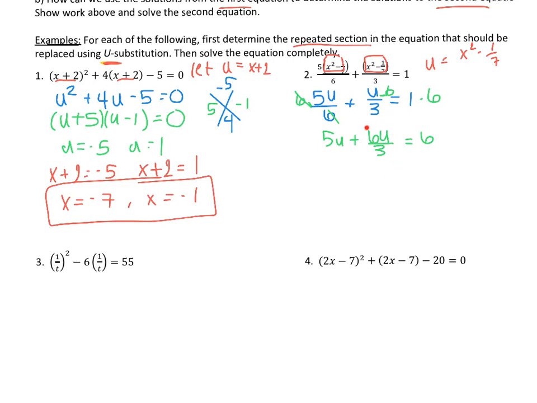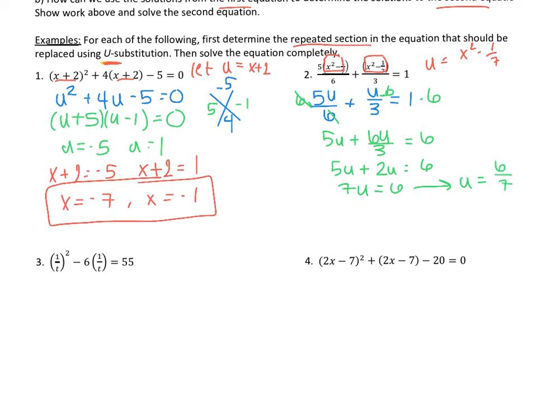Luckily, this second fraction here, 6u over 3, the 6 and 3 reduce to 2. So I have 5u + 2u = 6, or 7u = 6. Then I would divide both sides by 7 and get u = 6/7.